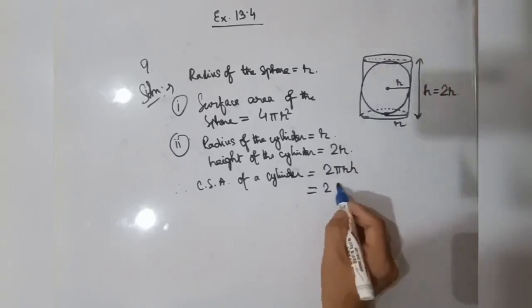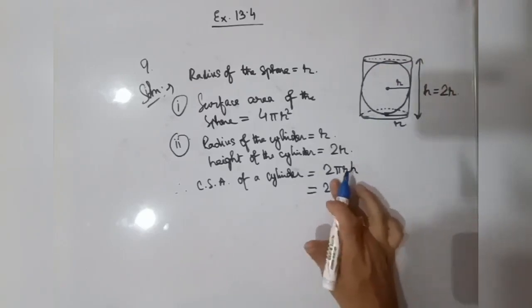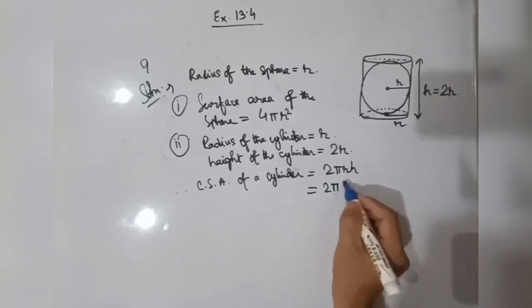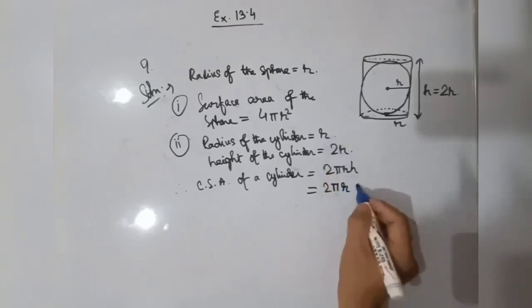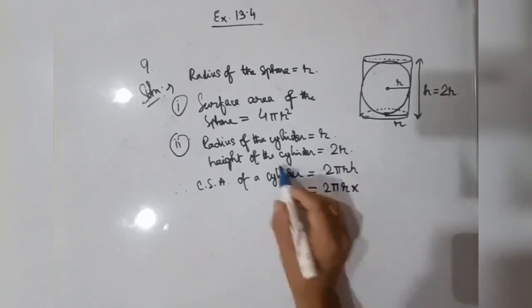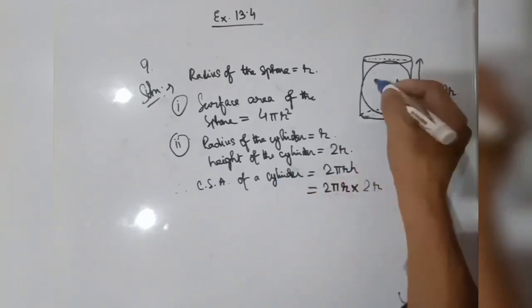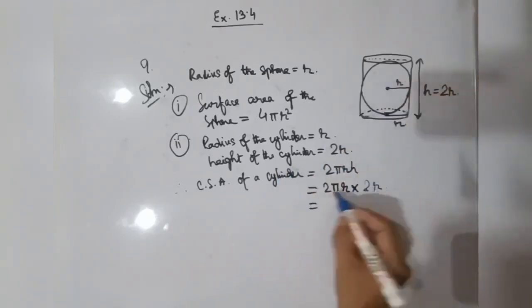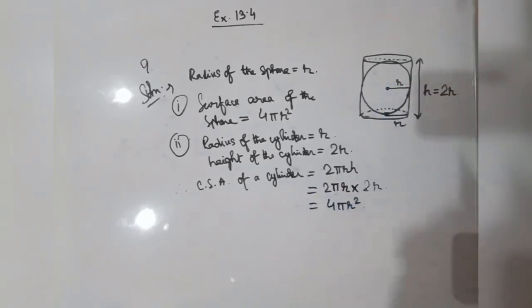So 2 into the value of pi, let me write the value of pi as it is, and the value of r is r, and the value of height, that is h, is twice r. So the curved surface area of this cylinder will be 2 into 2, 4 pi r square.